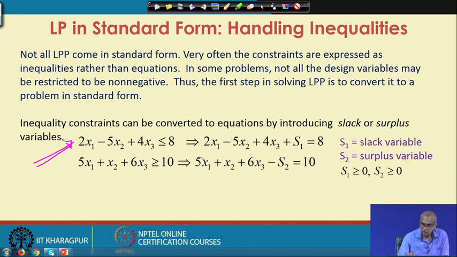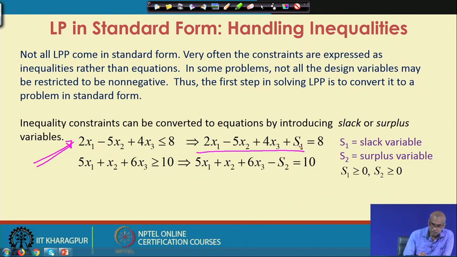So, I add S1 as a slack variable to the left hand side. So, my constraint becomes 2x1 minus 5x2 plus 4x3 plus S1 equal to 8. So, S1 is the slack variable which when added to the left hand side part of the original inequality constraint will convert it to an equality constraint. The left hand side will be equal to 8.